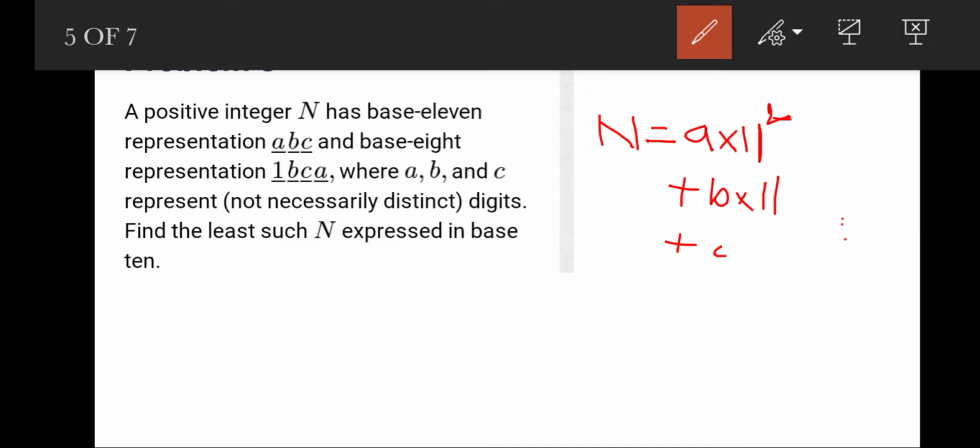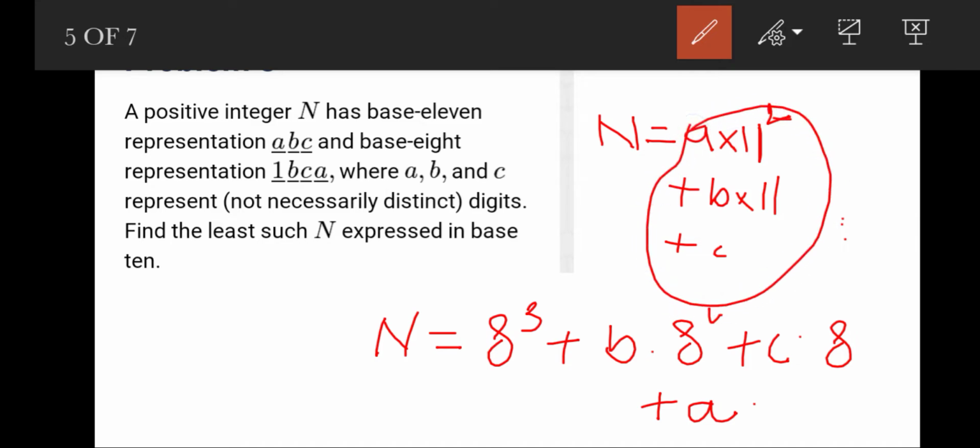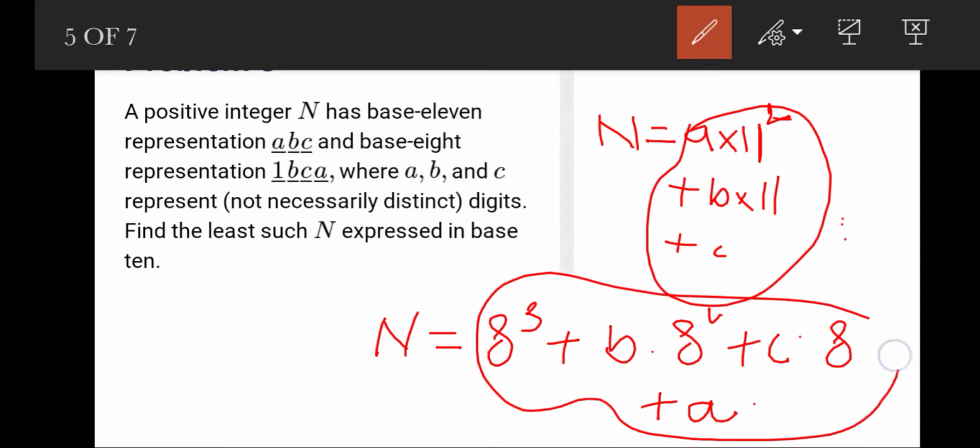And in base 8, this n can be written as 8 cubed plus b times 8 squared plus c times 8 plus a. From the given condition, this thing will be equal to exactly this thing.